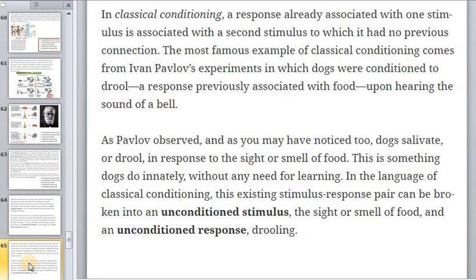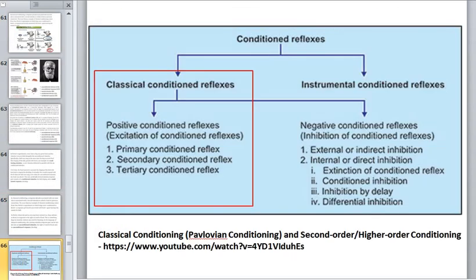And it's not only this. Here we see a new table. We discussed the primary conditioned reflex, but reflexes of this kind can be more complicated. Here we see the classical conditioned reflexes with different positive conditioned reflexes, and it can be a primary conditioned reflex, secondary, and even more.